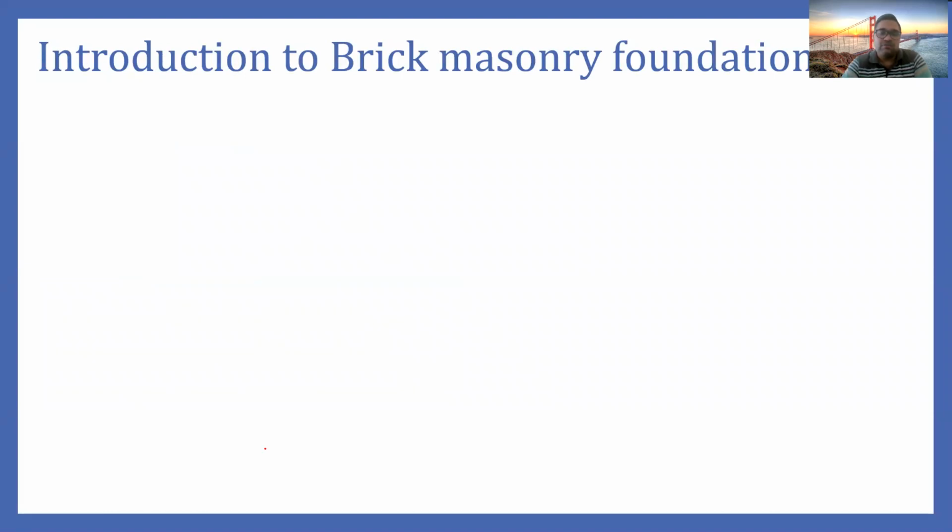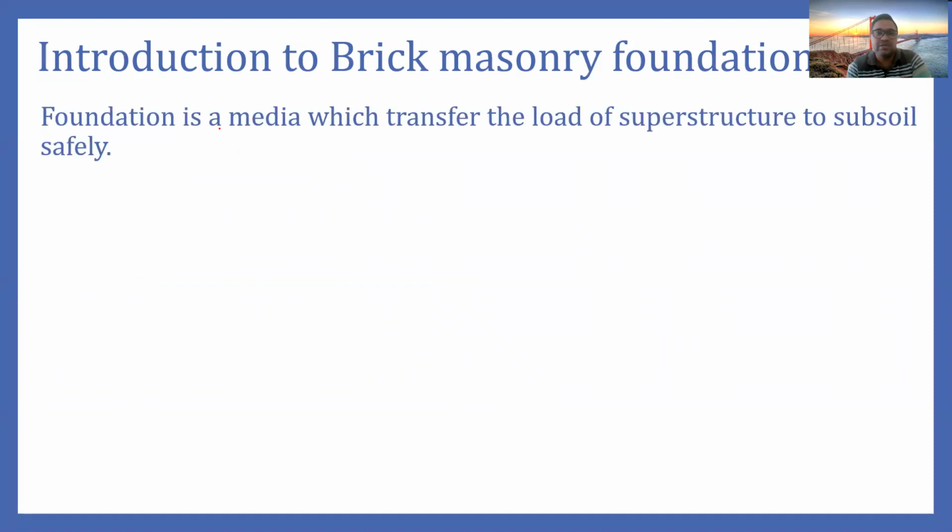Well, foundation we generally provide in every building, because foundation is basically a medium which transfers the load of superstructure to the subsoil safely. The structure built above the ground is known as superstructure.